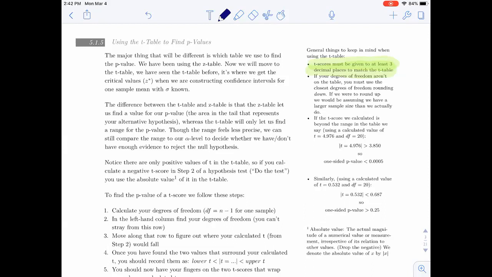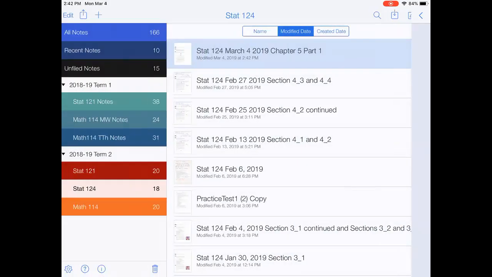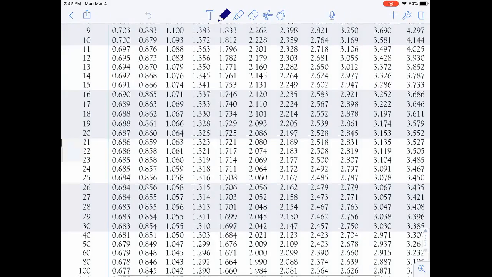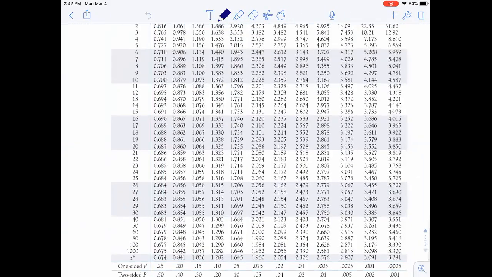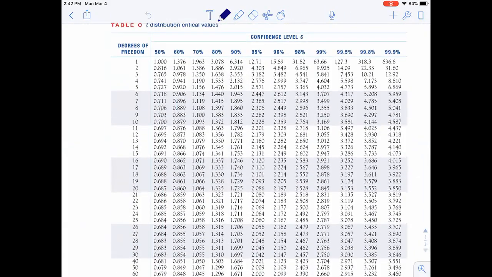So, how we're going to use the table. The whole goal of using the table is to find the p-values. If we go back to our hypothesis testing, the first step is to set up our null and alternative hypotheses. The second step is to do the test, and this is where we calculate a t-value.